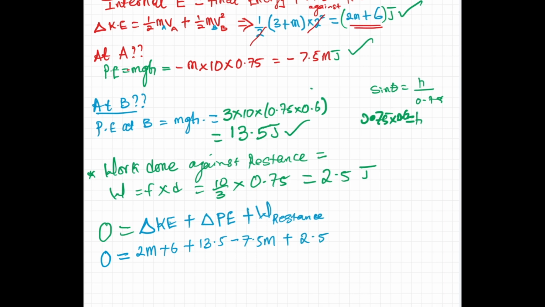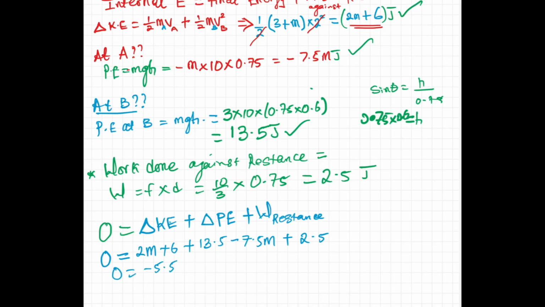So we just do some math here. This will give me 0. Okay, that will give me 2 minus 7.5m, that gives me minus 5.5m.